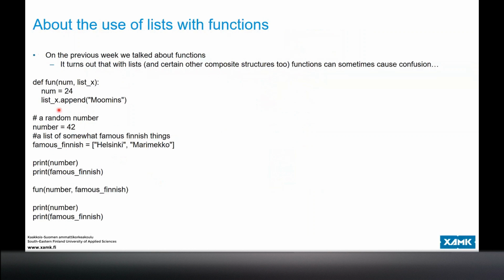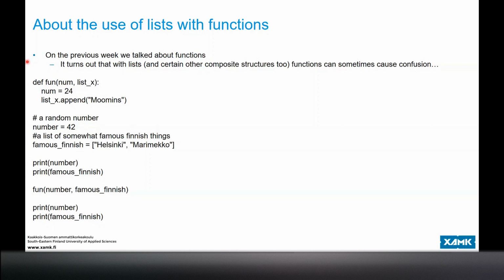When working with lists, there are a couple of situations where you ought to be really careful. One of them happens to involve functions. So in the previous lesson, we talked about functions, and it turns out that when we use lists and certain other composite structures too with functions, this can sometimes cause a little bit of confusion.